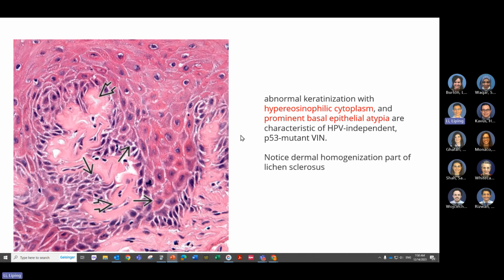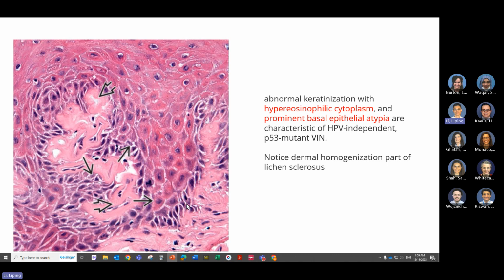Then we have another entity that is HPV independent, but P53 mutation. So for this entity, we only see this atypical hyperchromatic pleomorphic cell located in the basal cell layer. You can see mitotic figures, really pleomorphic, ugly looking cells.